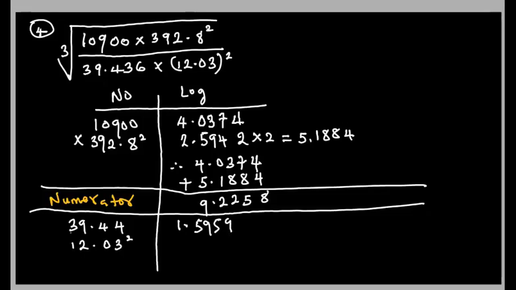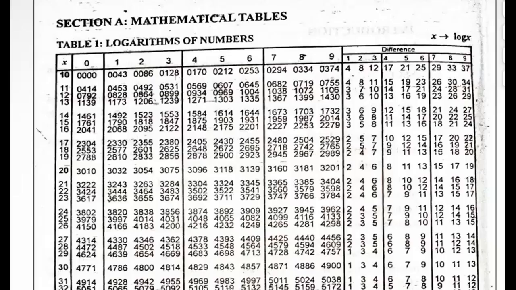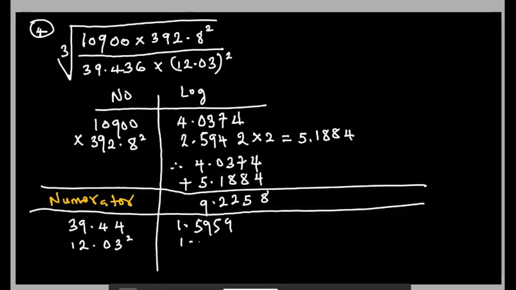For the next number, 12.03, 12 is the whole number here, so we have just two digits, 1 and 2. So do minus 1, and I will have 1 point something. Now we look for 12 under 0, difference 3. 12 under 0 is 0792, and the difference of 3 happens to be 10. So when you add these values, you end up having 0802. So we have 1.0802.